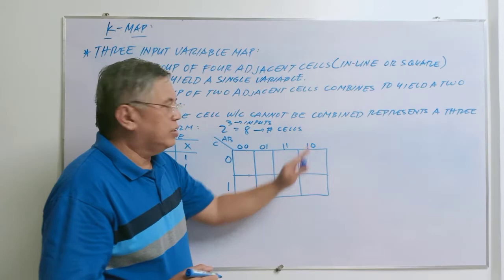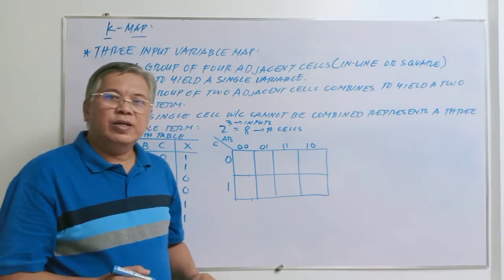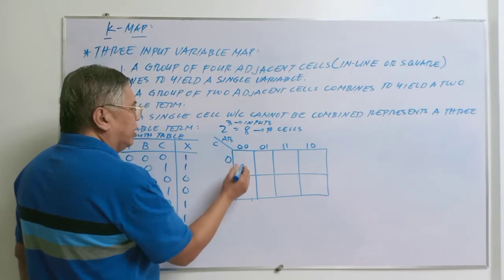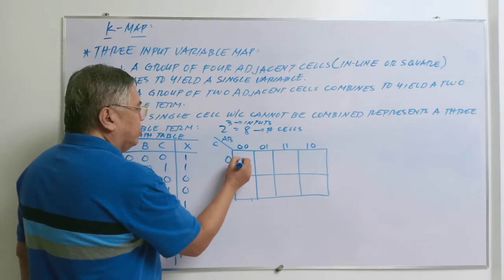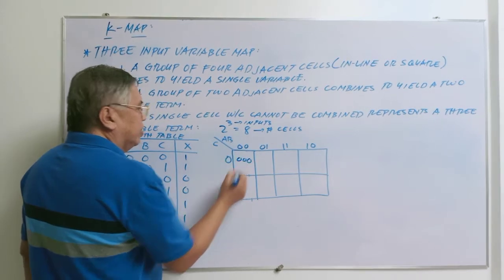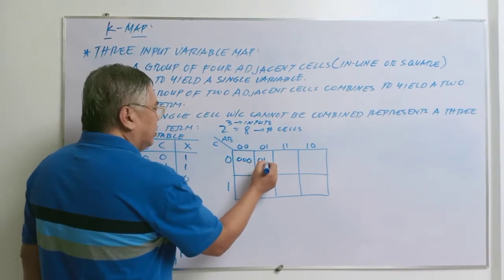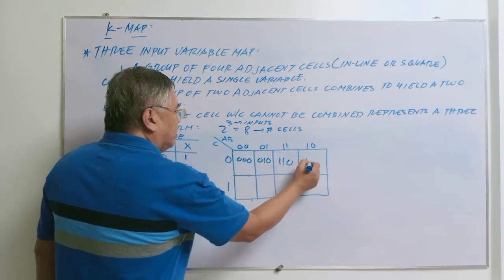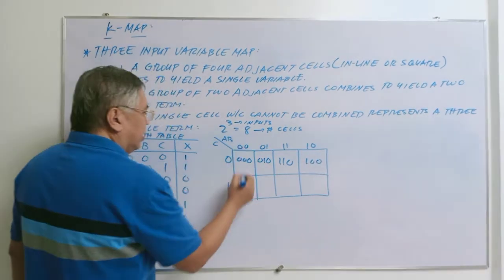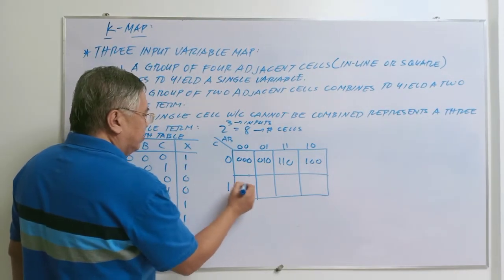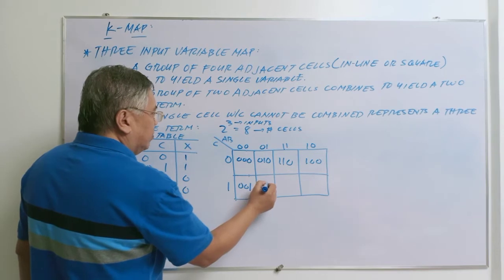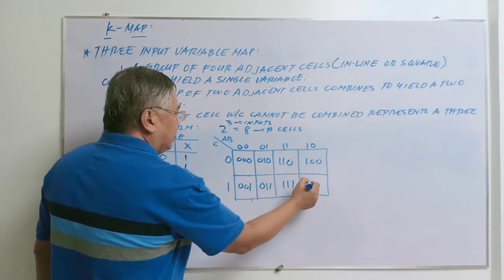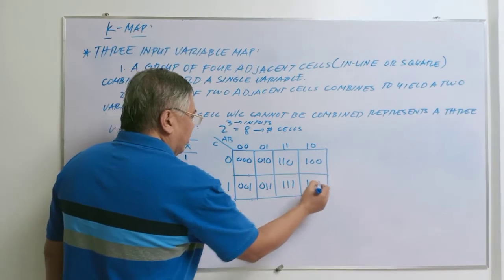So this is the arrangement for the 3-input variable map. For this particular cell, this has a value of 00 for AB and 0 for C. Then you have here 010, 110, 100, then 001, 011, 111, and 101.